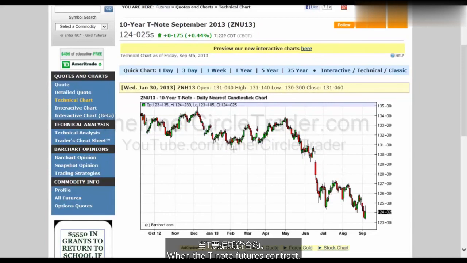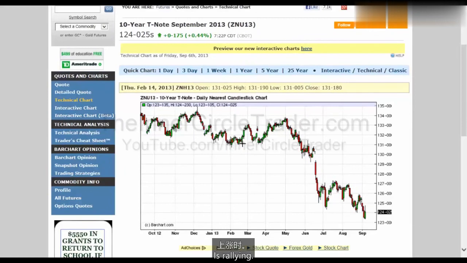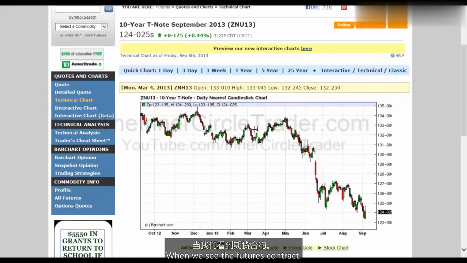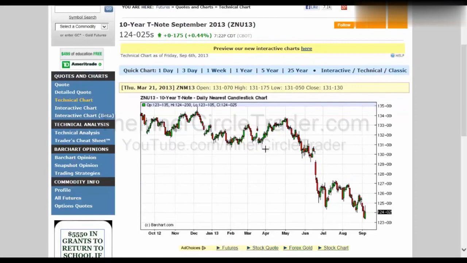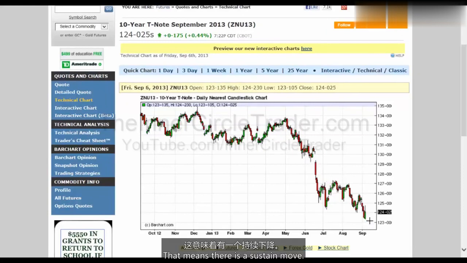When the T-note futures contract is rallying as it does here, the yield would be declining. Vice versa, when we see the futures contract trading lower, that means the yield is going higher. When the 10-year T-note is trading higher here, that means the bond yield is going lower. Then we have a drop lower and a sustained move lower. That means there's a sustained move higher in the bond yield.